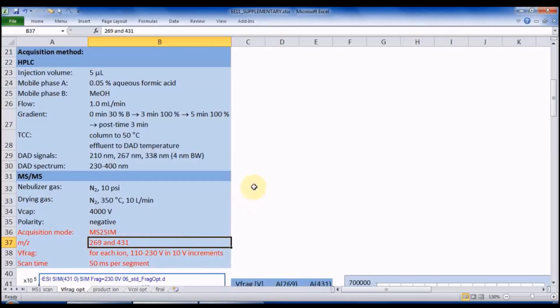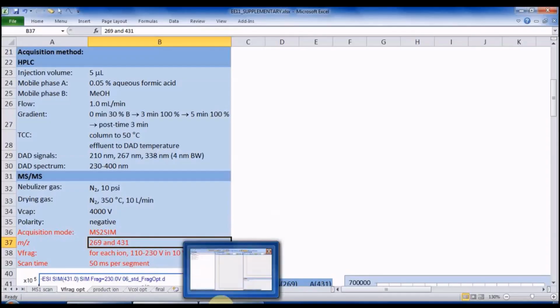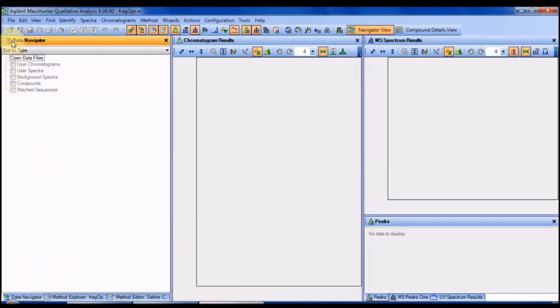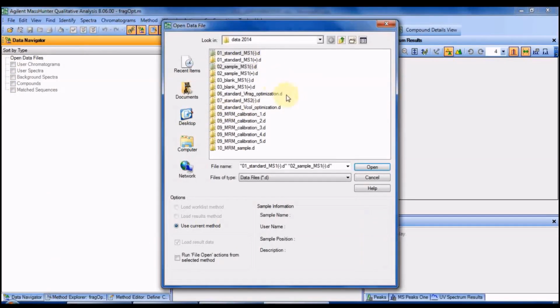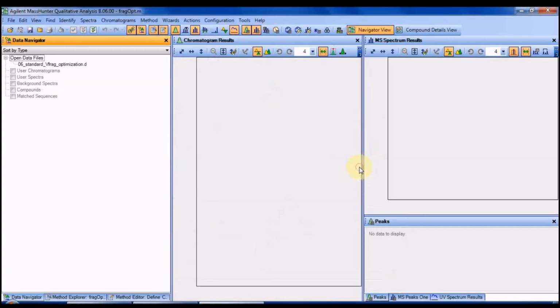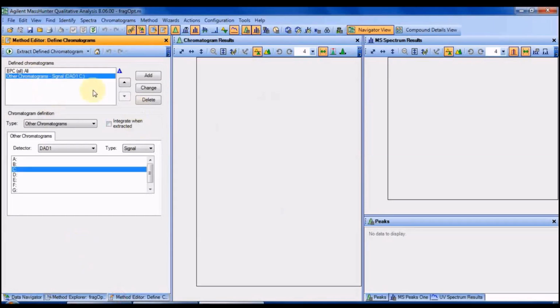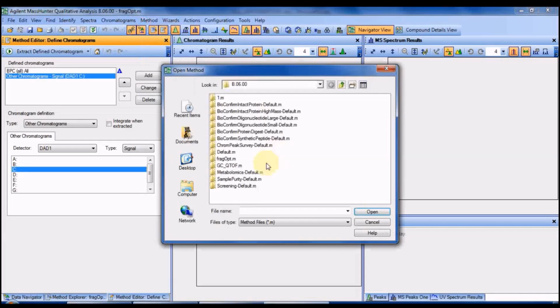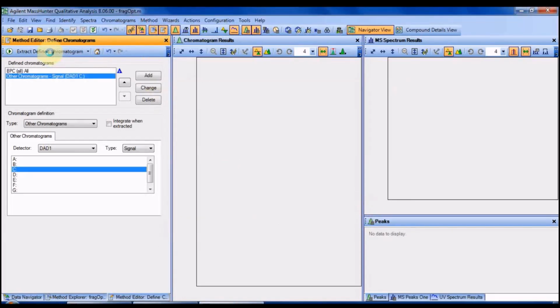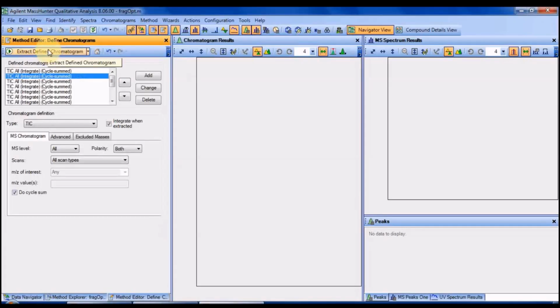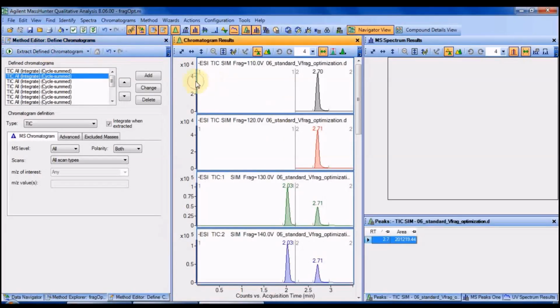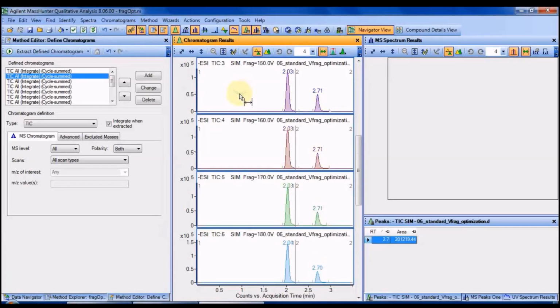For both compounds, we will now read peak areas in extracted ion chromatograms. So we have separate chromatogram for every fragmentor voltage.